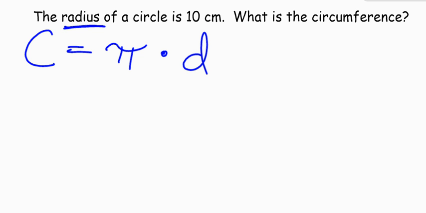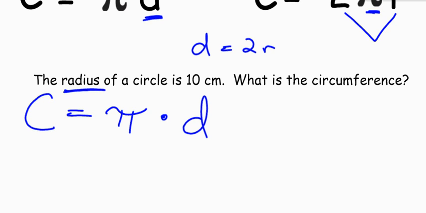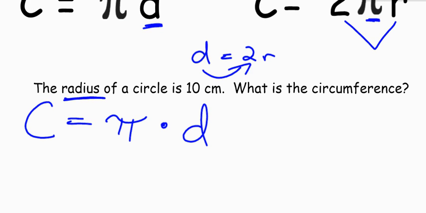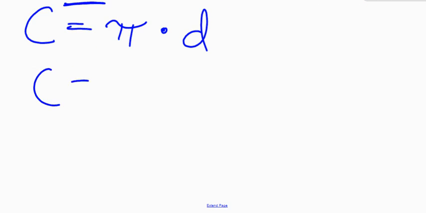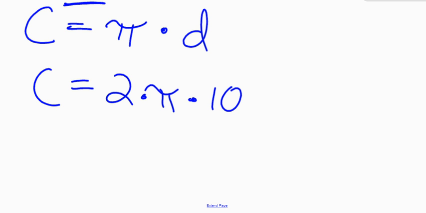What am I going to do? Well, I'll tell you what you're going to do. You're going to remember that diameter is actually 2 radiuses. So we're going to rewrite this: circumference equals 2 times pi times the radius. And the radius happens to be 10 here.